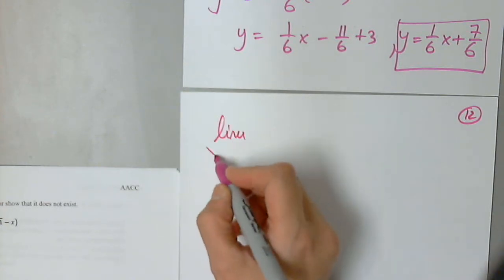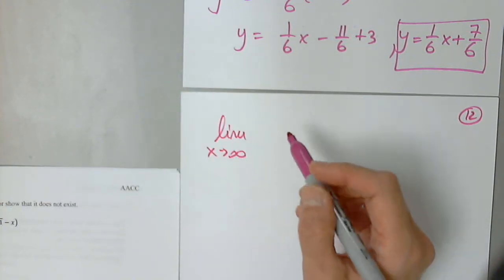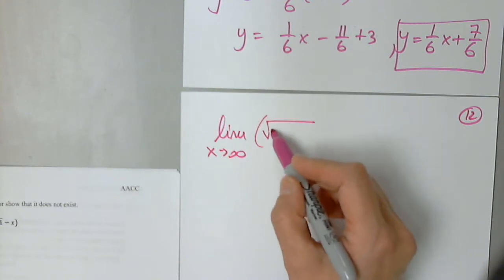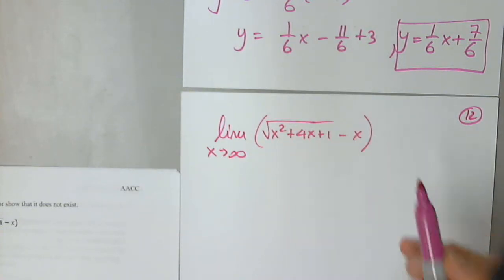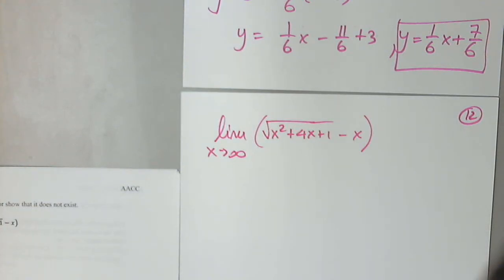Limit as x approaches infinity of the square root of x squared plus 4x plus 1 minus x. Are you allowed to divide throughout a square root?